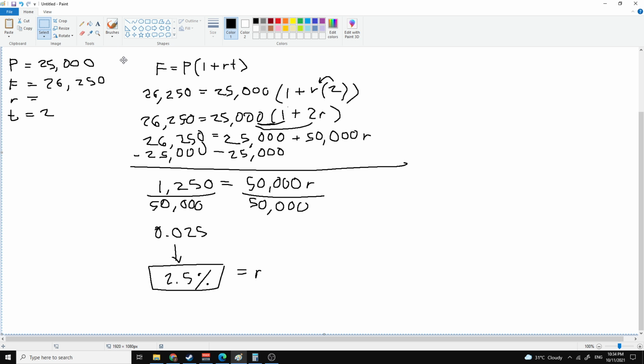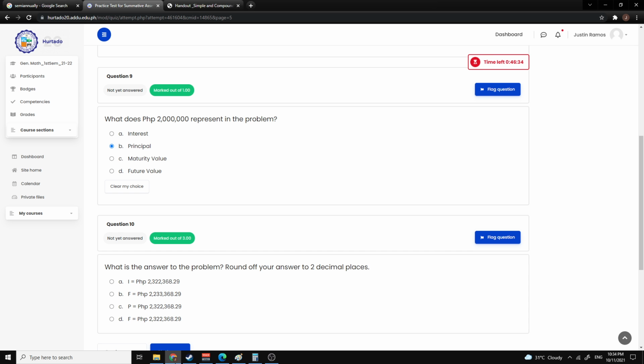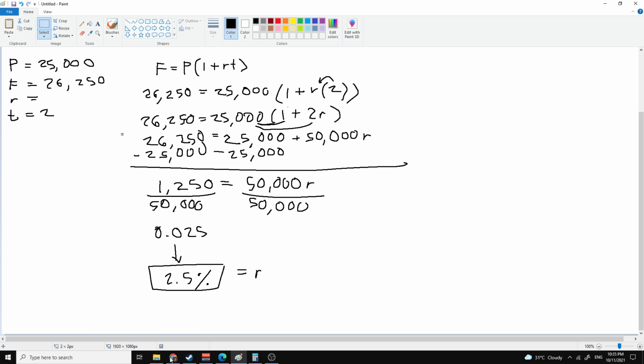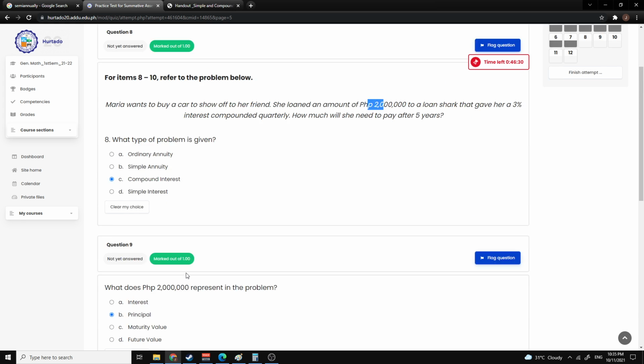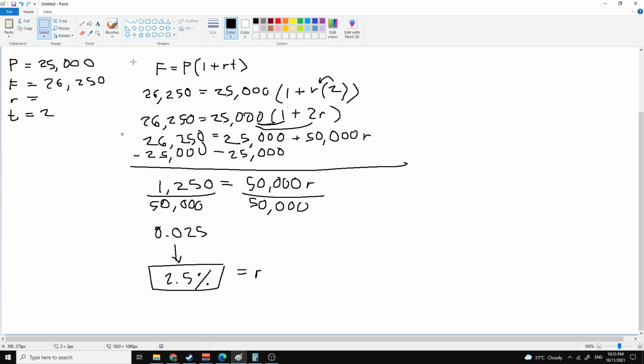Now if we go back here, all right, so compounded quarterly, so we're not going to be using this formula anymore.